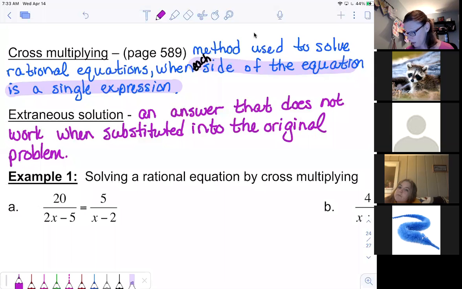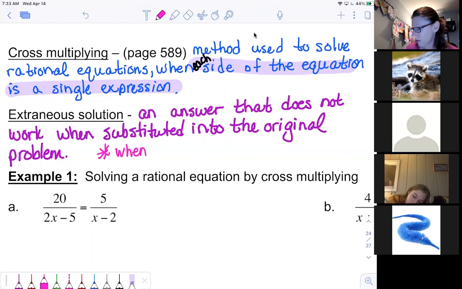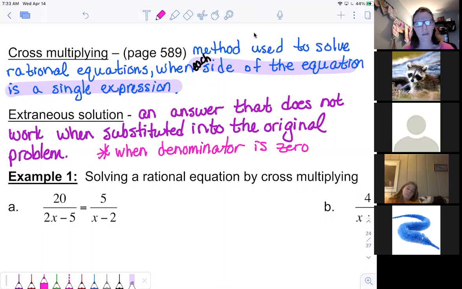When we're dealing with fractions, an extraneous solution is going to happen when the denominator is 0. So if you have an answer that makes the denominator 0, that is an extraneous solution because you cannot take a number divided by 0.